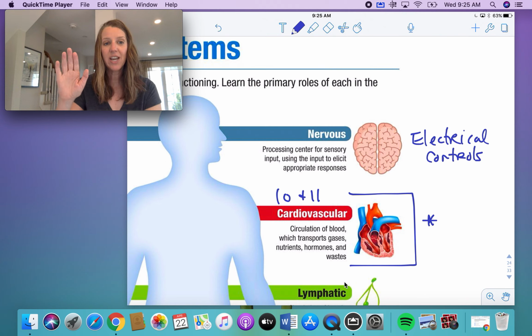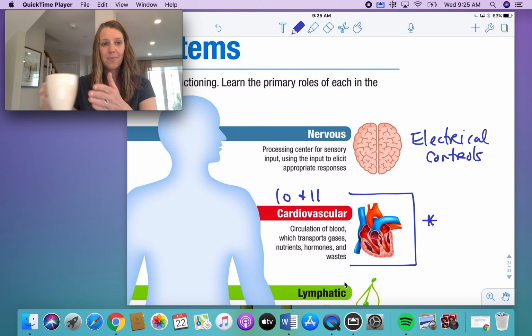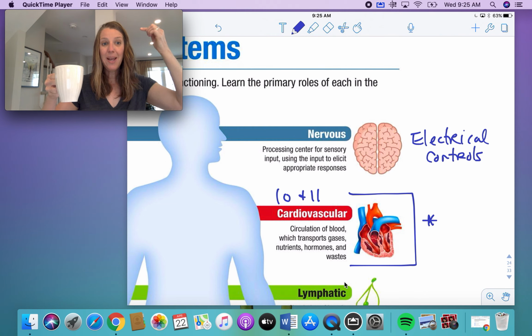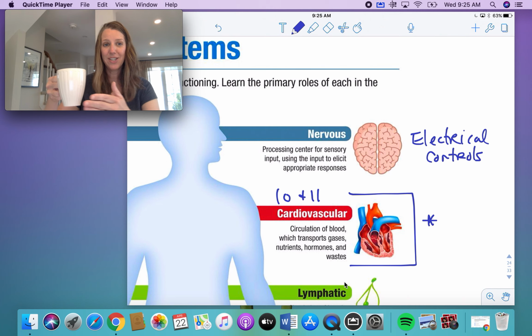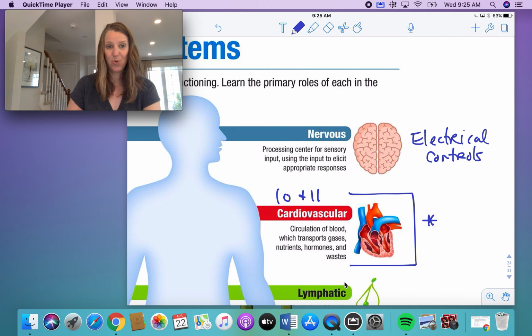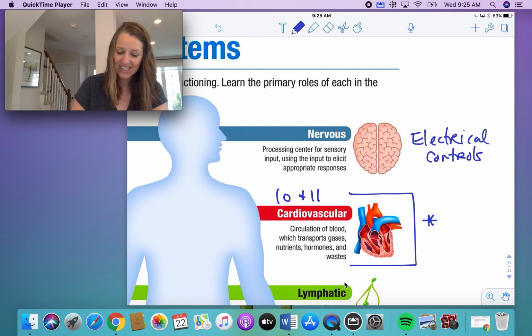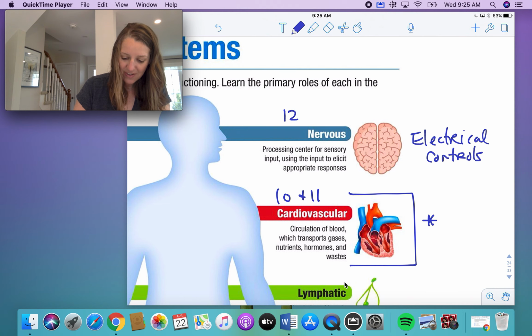So for example, if you touch something that's really hot, that message goes from your fingertips all the way to your brain, makes a decision about what to do, and brings it all the way back, okay? So that's your electrical system, your control system, using those neurons that we talked about earlier when we did specialized cells. And again, we'll do nervous system in grade 12 bio.